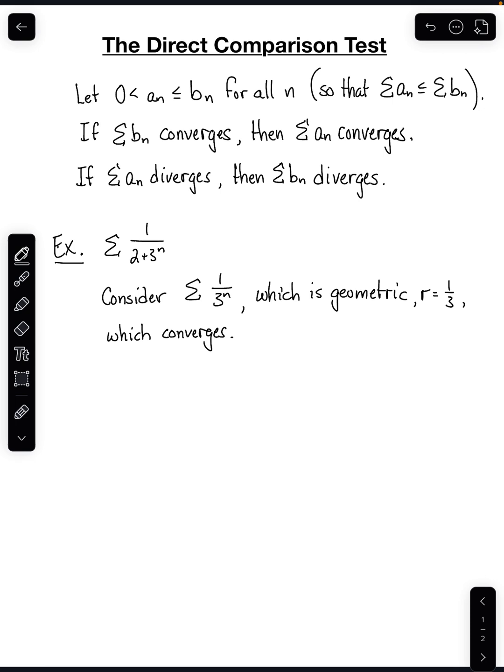This will only help us if 1 over 3 to the n is the larger series. So we either need a larger series that converges or a smaller series that diverges. Since we know this series to converge, we have to show that it is the larger series in order for the direct comparison test to be of use.